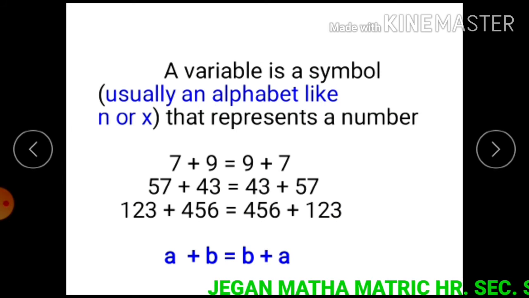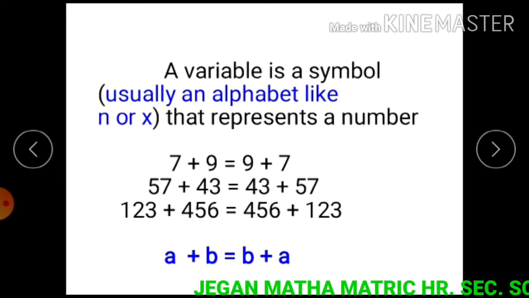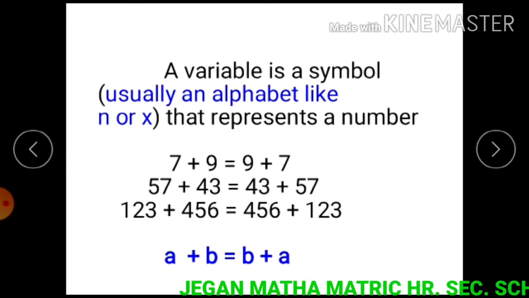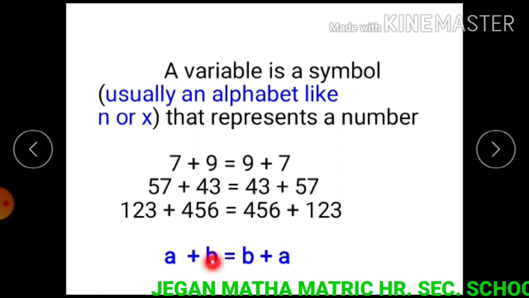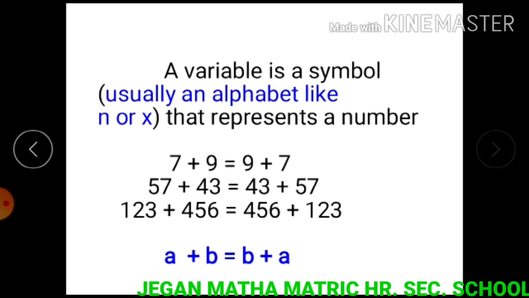From this, we can simply summarize as a plus b equals b plus a.